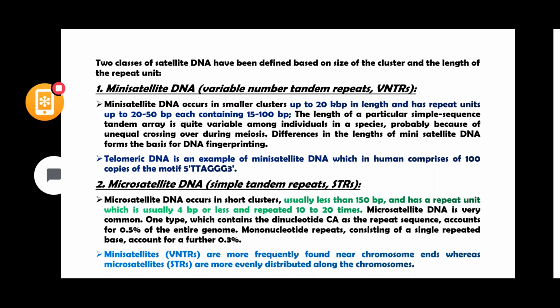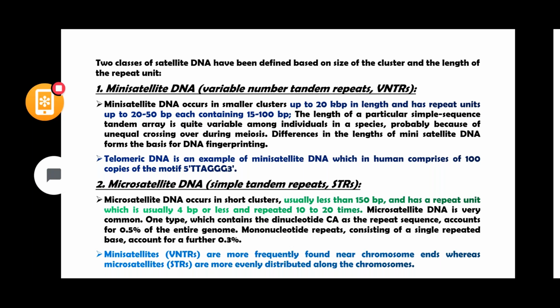Because of this, minisatellites or VNTRs are used to distinguish one person from another, and even species to species.